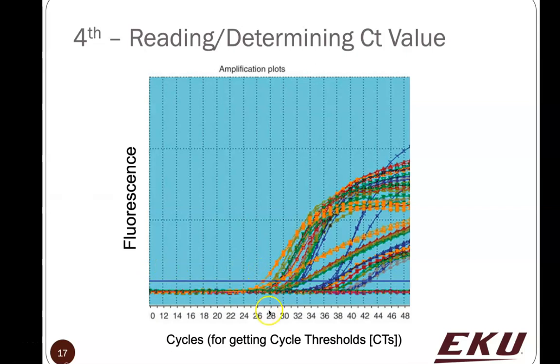So a low cycle threshold, hitting exponential copying at say 26 or 28 cycles, means there was a lot of starting material there. If it takes until like 44, it might mean that there wasn't a whole lot, or we're amplifying something else that was maybe similar. There was some sort of interference.